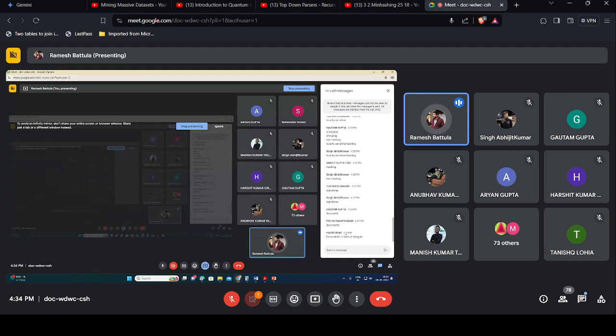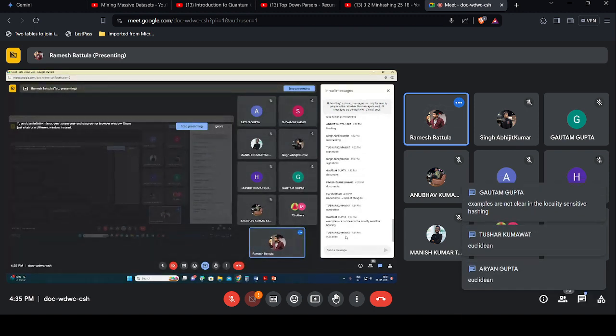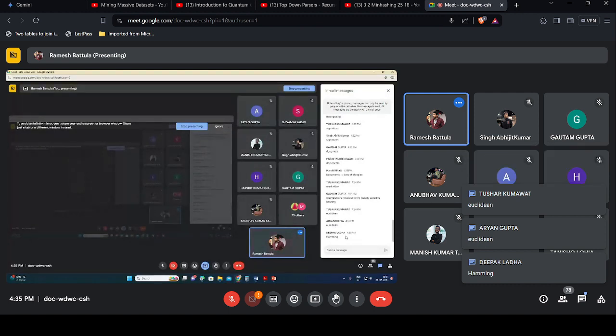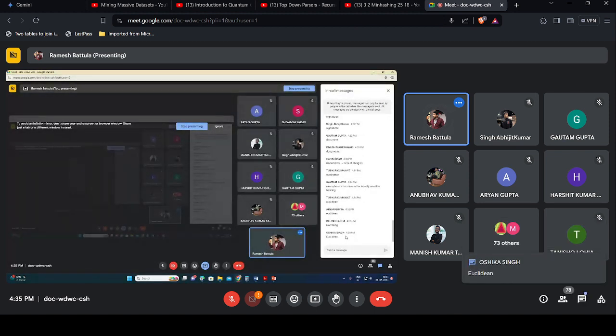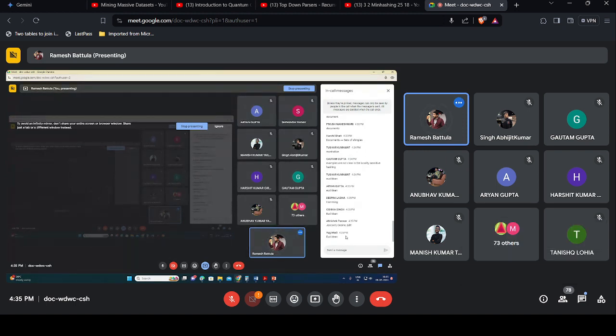We discussed Euclidean distance. Next, Manhattan. Then Hamming distance, edit distance, Jaccard distance, cosine distance, etc. And locality sensitive hashing.